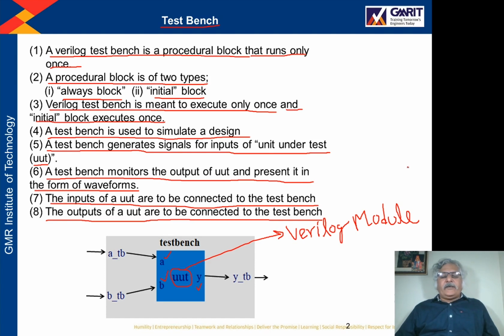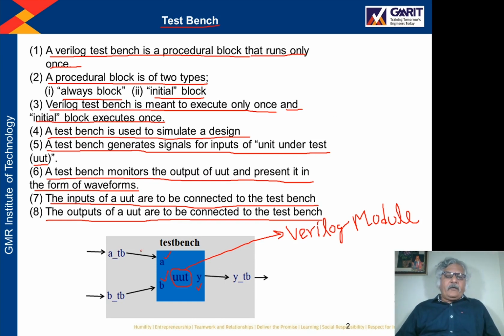In previous lectures, when we simulated a certain Verilog module, we applied some signals during the simulation by using the force clock tool, applying waveforms for a certain time period, and when we simulated the Verilog code we got the output waveforms.